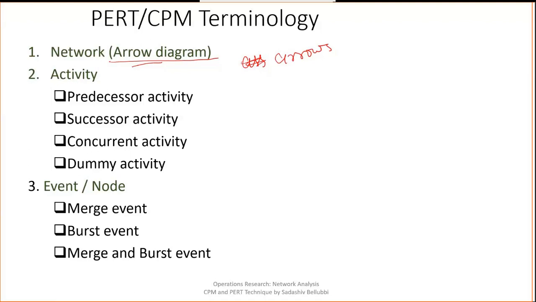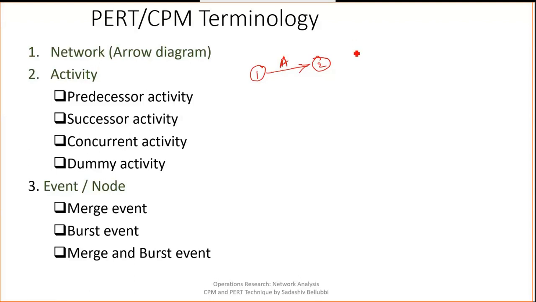For an activity we can draw a network like this: event 1, activity, event 2. This is 1 and this is 2, and here we write A. If it is one activity, we show it by the network.